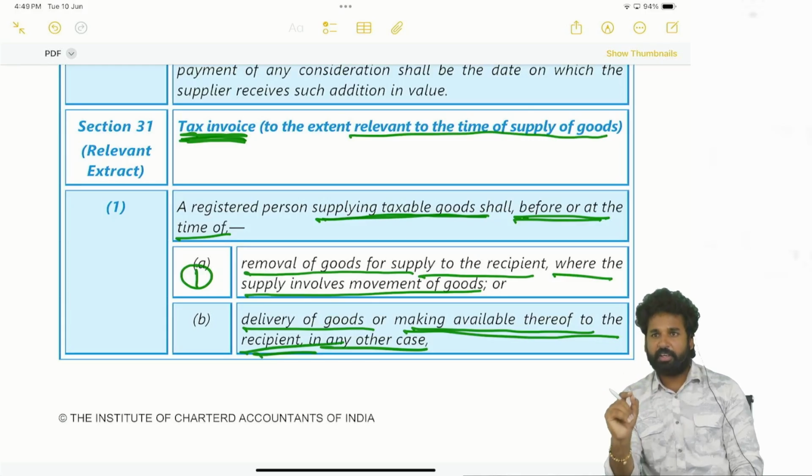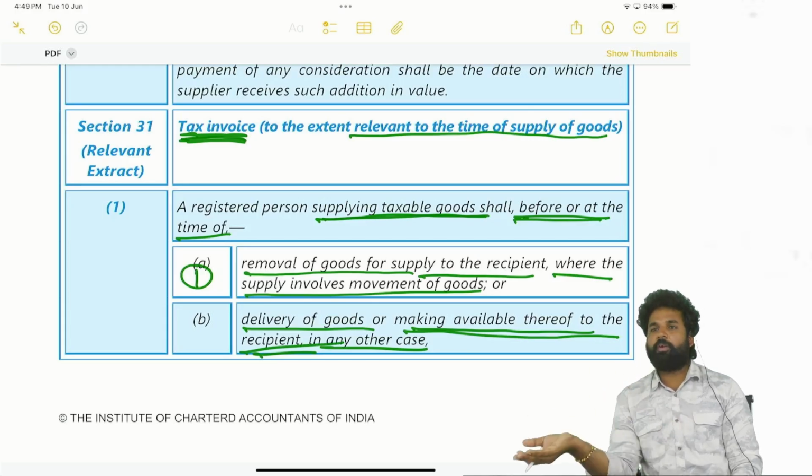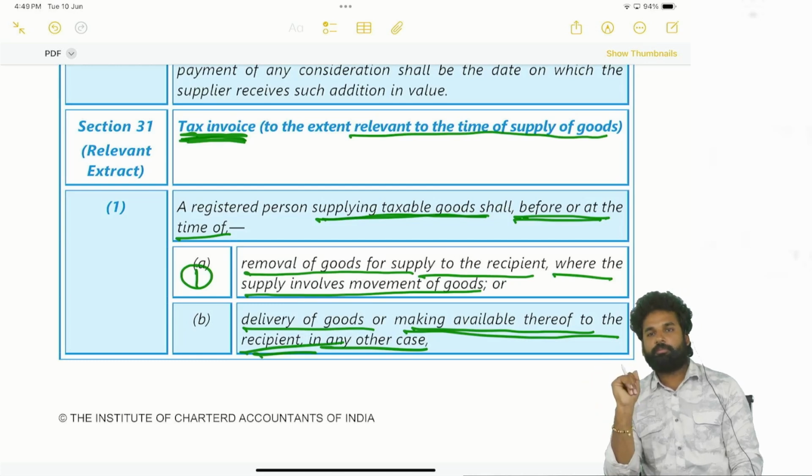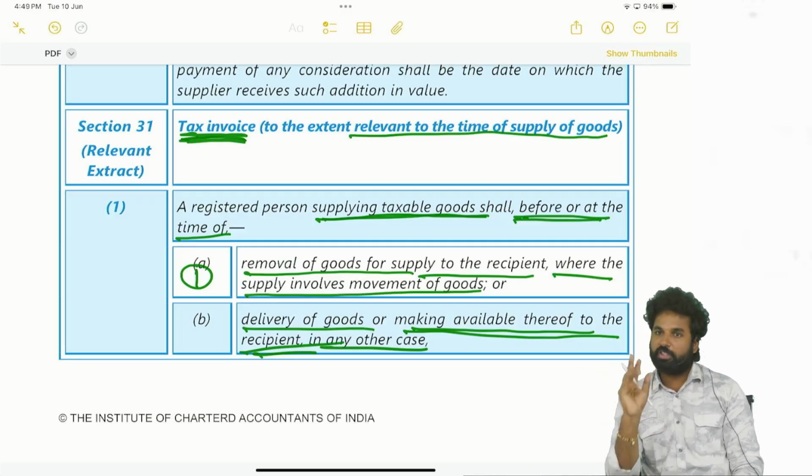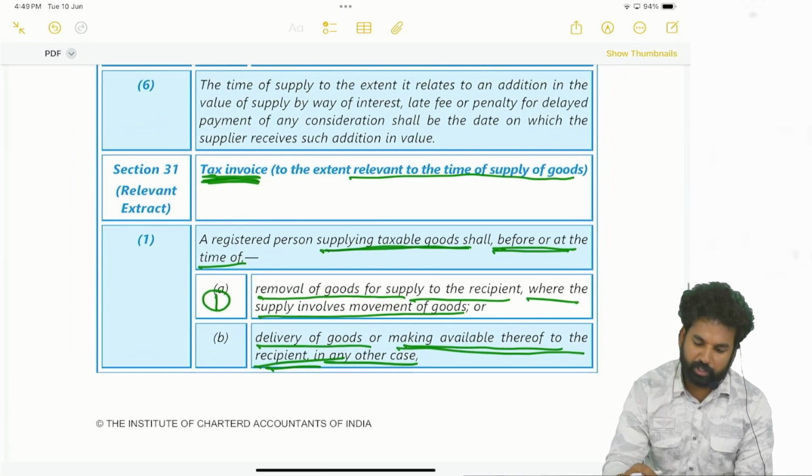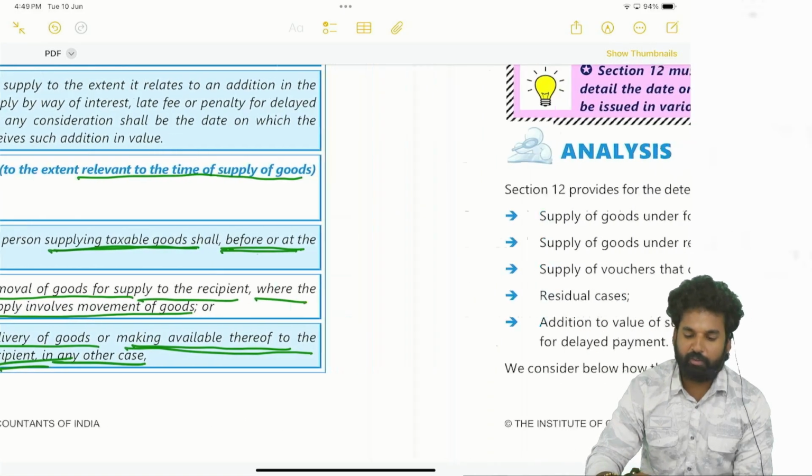If a truck started from the supplier's place to the recipient's place without carrying a bill or invoice, it is illegal. That means it is a violation of GST. Even any policeman can stop the vehicle and ask for the invoice. If the invoice is not there, they can seize the vehicle. Got this? Right. So on or before the date of removal, they have to get the invoice.